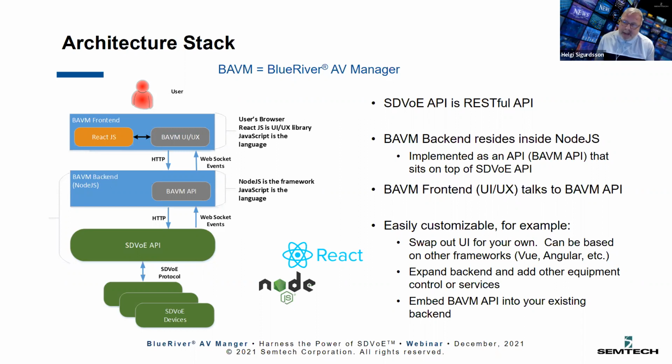What we did there is implement this back end that runs inside Node.js as just another API, the blueriver AV Manager API. This in turn calls on the SDVoE API, which is available from the SDVoE website today, and that one in turn talks to the SDVoE devices.